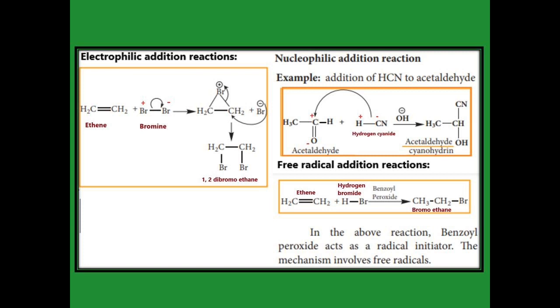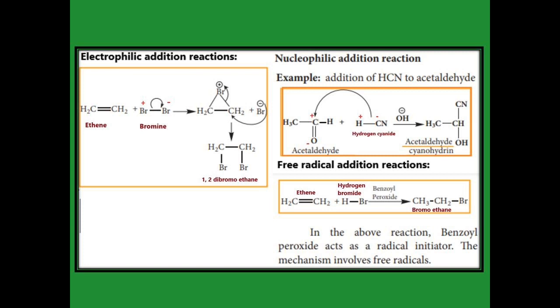The next one, nucleophilic addition reaction. The example given here is acetaldehyde, formula CH3C double bond OH. Here oxygen is more electronegative compared to carbon, so oxygen becomes negative in character and carbon becomes positive. I indicated it in red color. And in hydrogen cyanide, the cyanide is negative and H is positive because of the electronegativity difference.